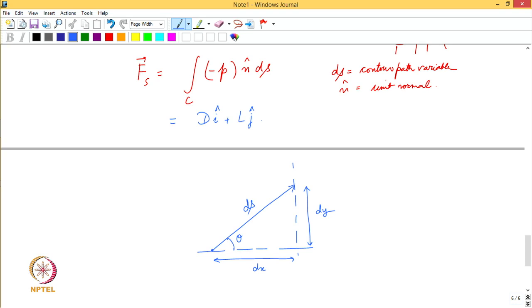Now, on this small element ds, pressure acts normally inwards. So, let me choose a different color for pressure. Let us say this is the pressure distribution on this infinitesimal element, this is P. Okay. The normal vector to this surface is pointing outwards, this is n cap, all right. For this element, the normal vector is in this form, okay. It is an outward normal.